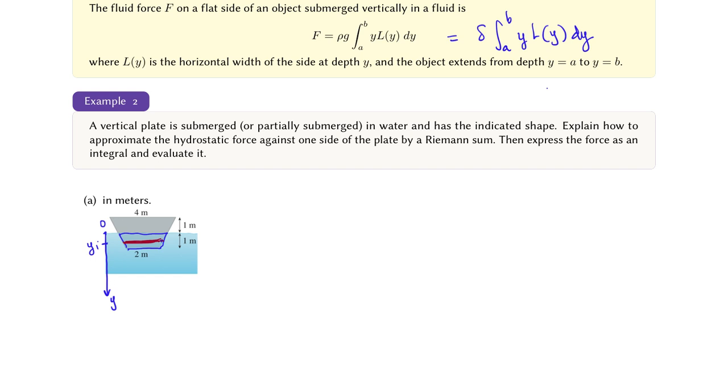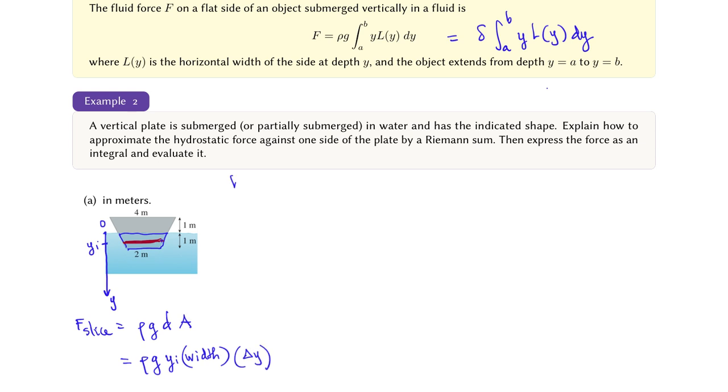The force on this slice is rho g A D. Rho g are constant, D is the depth, A is the area of the slice. The depth is yi and the area is the width times the thickness, but the thickness is delta y.